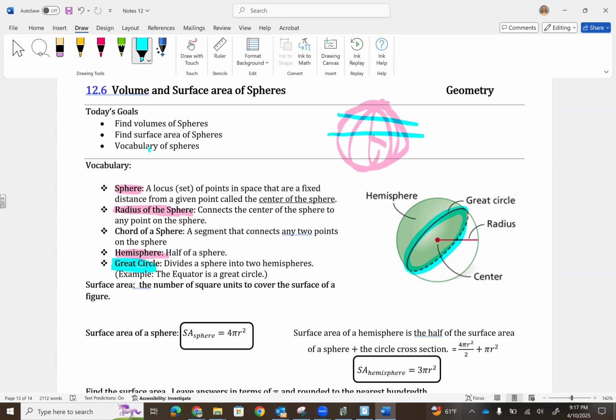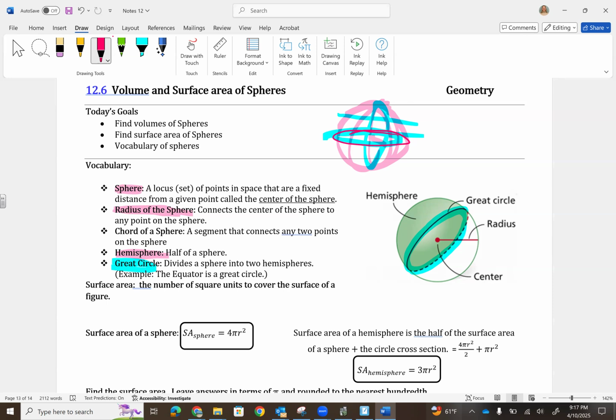There are many great circles you could cut, depending how you cut the apple or the orange or whatever. But the great circle is the largest circle that you could do as a cross section. You could get it by slicing exactly through the middle, horizontally or vertically.